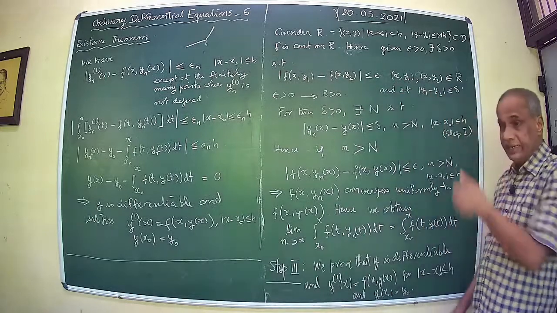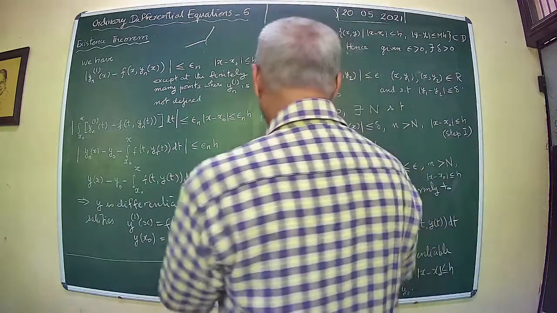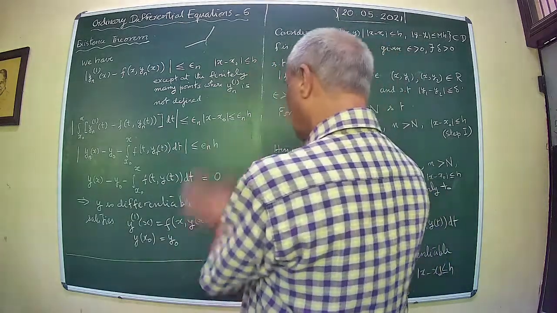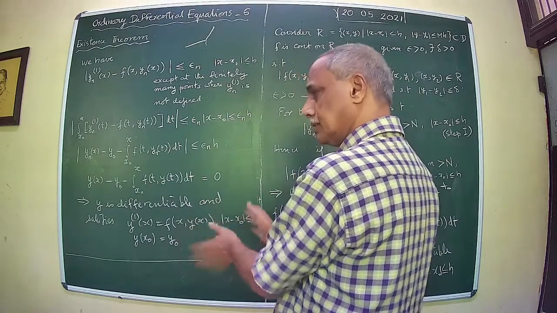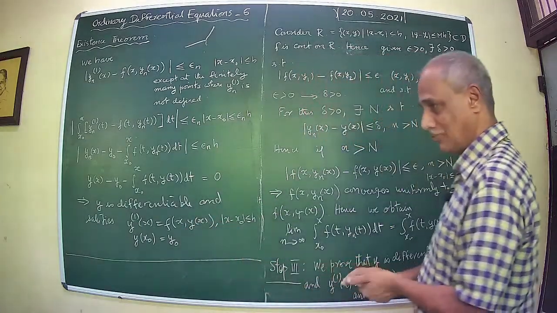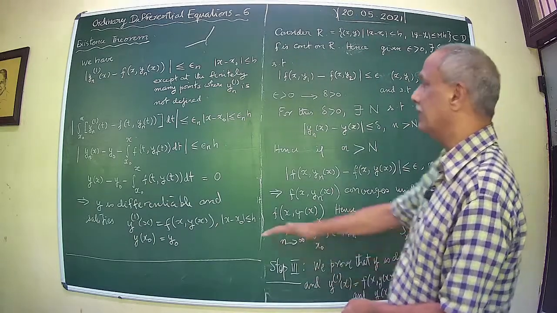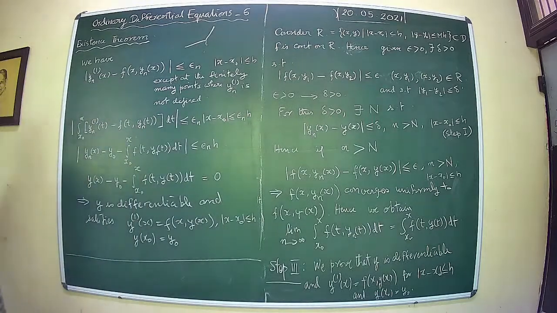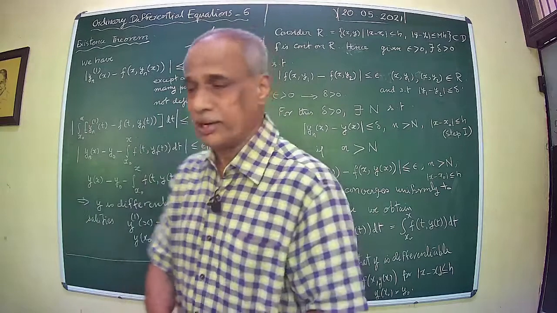So what we have proved is this: there exists a solution of the differential equation. That proves the existence theorem. Okay? And we have also seen that under these conditions, if a solution exists, then it is also unique. That we have proved in the last theorem.